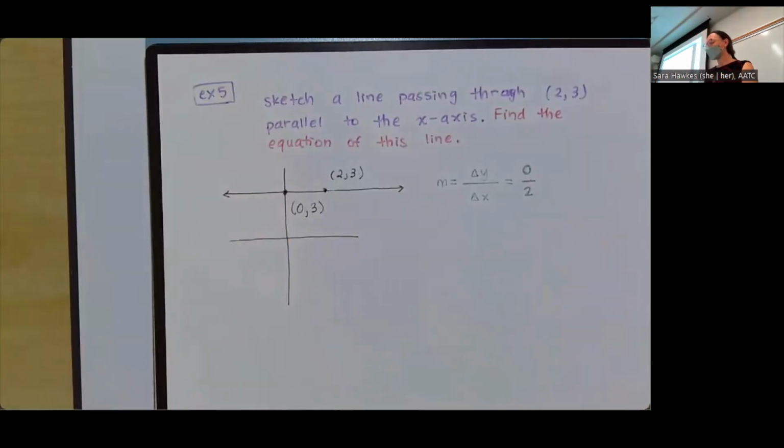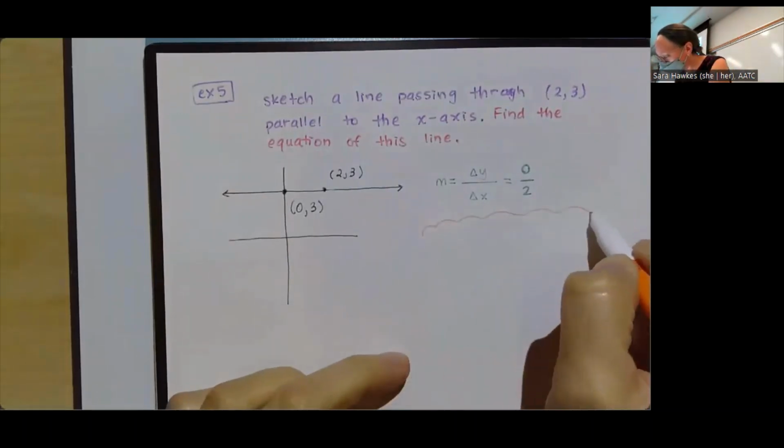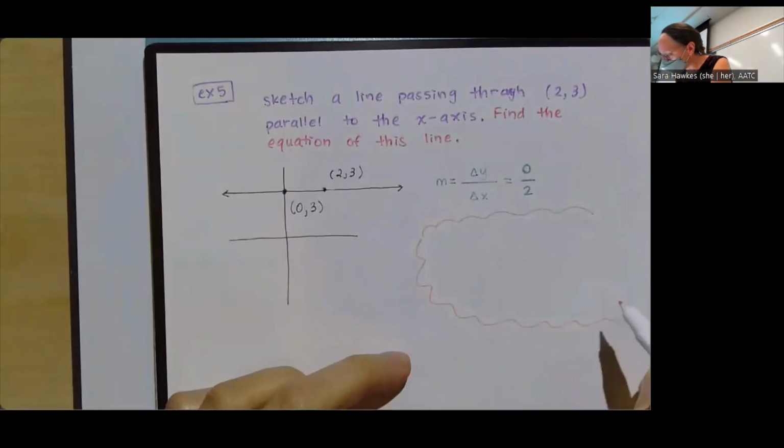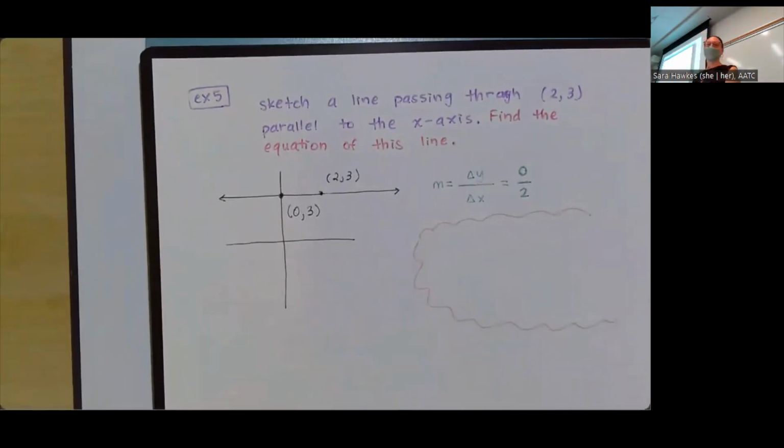But if I have 0 divided by a number, it has to be equal to 0. Now, I don't want us to take that as like some magic fact, like when we had 2 raised to the 0 equal to 1. I don't want it to be a magic fact. So I do want to just take a quick second here to make sure we're good with 0 divided by 2 has to be equal to 0.